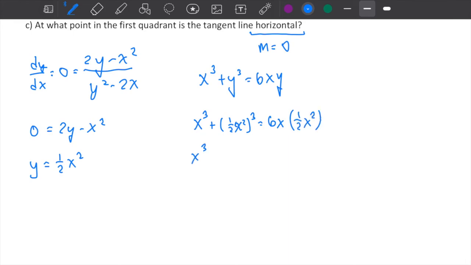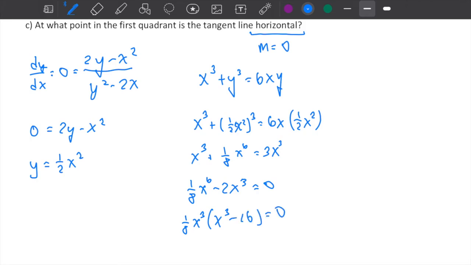So we have x cubed plus 1/8 x to the 6th equals 3x cubed. I've got 1/8 x to the 6th subtract 2x cubed equals 0. And factoring 1/8 x cubed, that'll leave me with x cubed subtract 16 equals 0.